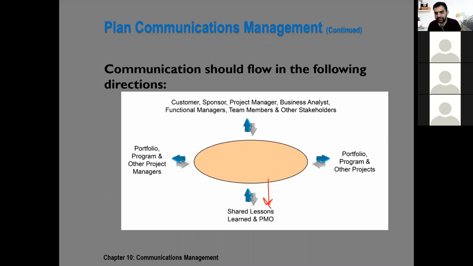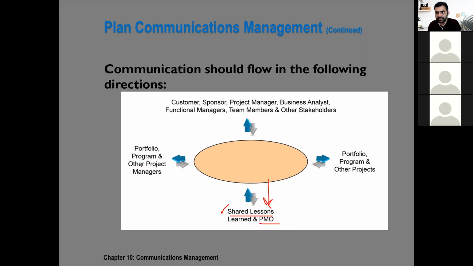You can say that the project manager always keeps on using the shared lessons learned and the guidance from the PMO, and also keeps on archiving the lessons learned, what he or his team has learned, and keeps on submitting the documents to the PMO.